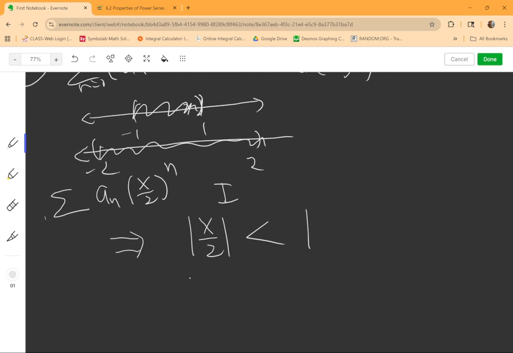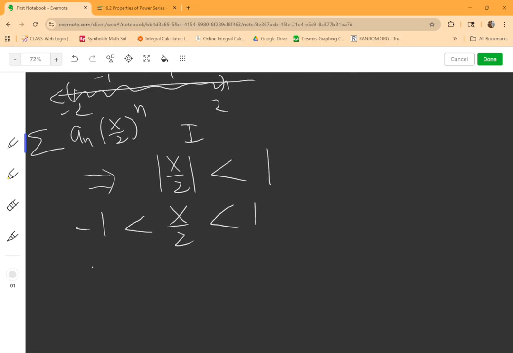Simplifying this out, dropping the absolute value, we get x over 2 less than 1 and bigger than -1. Multiply by 2, so we have x falls between 2 and -2. So our new interval of convergence for something like this is between -2 and 2.